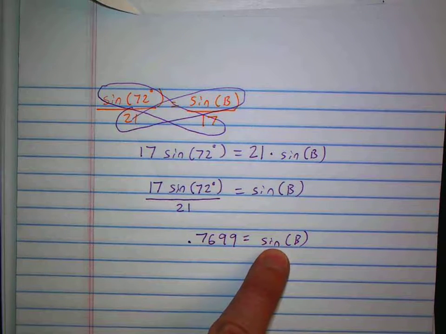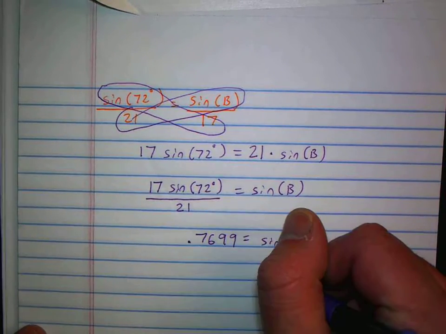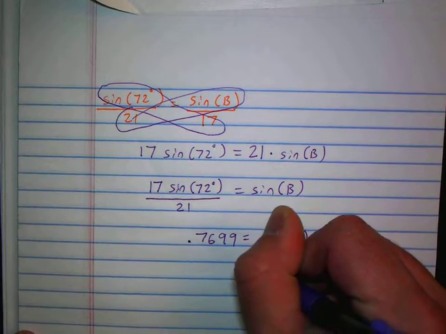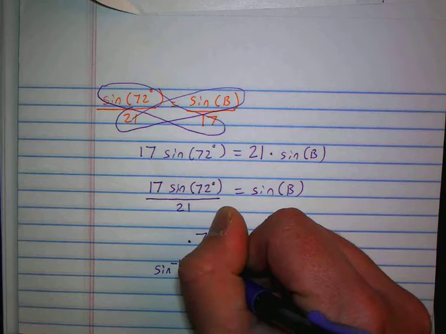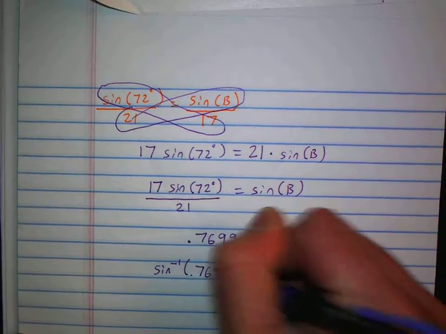And then to undo sine, we're going to do the inverse. So then B equals the sine inverse of 0.7699.